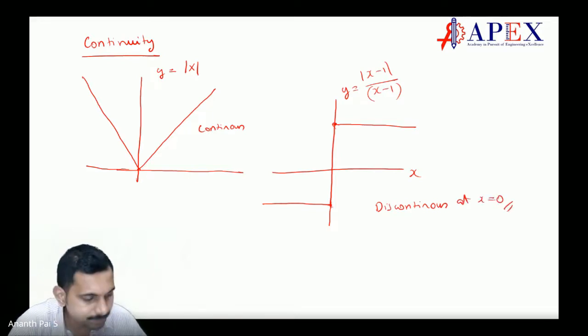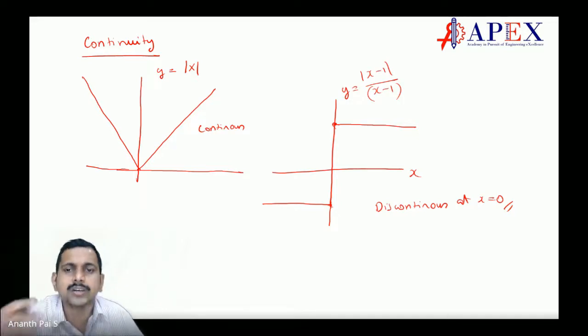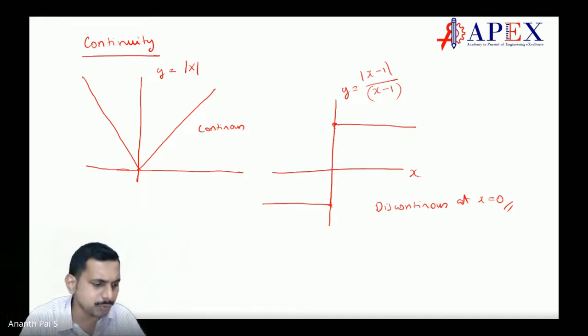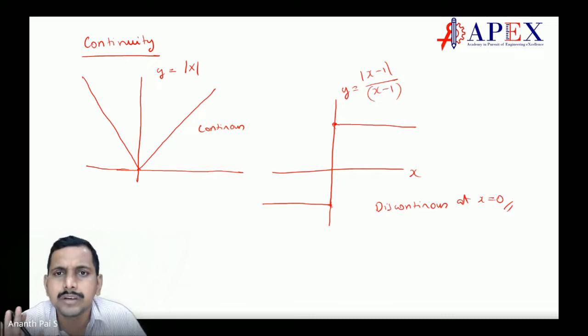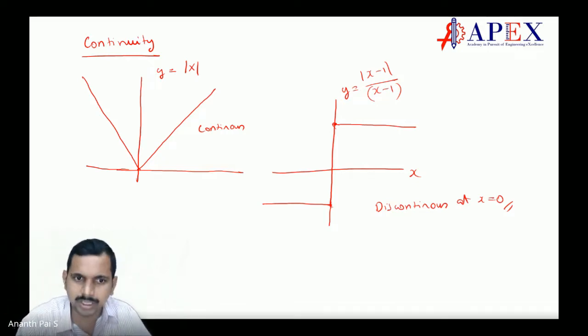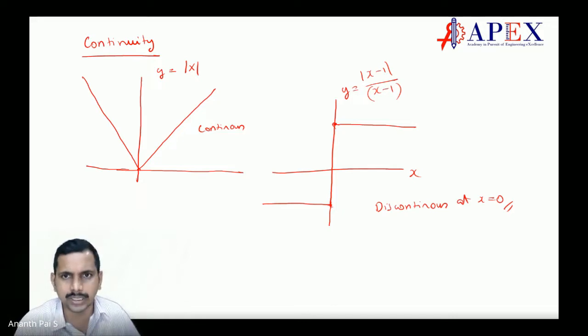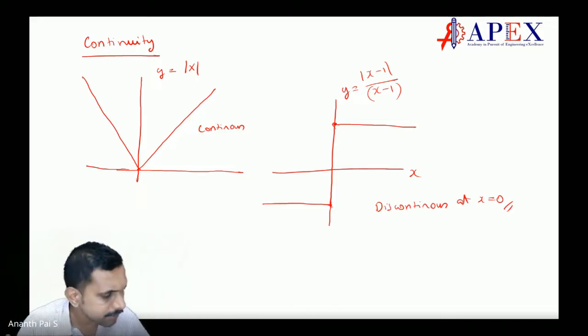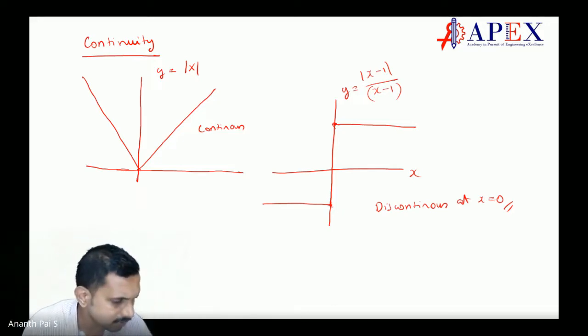Make sense? So it depends on whether it is continuous. The same idea of continuity is there here, nothing else. So it's continuous or not continuous, connected or not connected, that's it. That is continuous. Now let us see the formal definition of that.